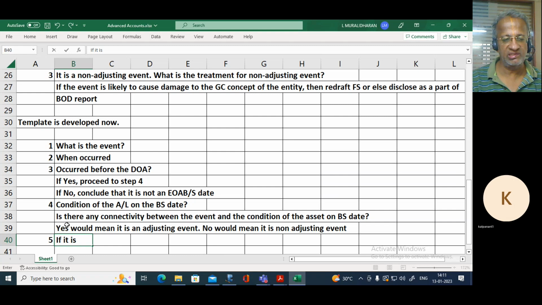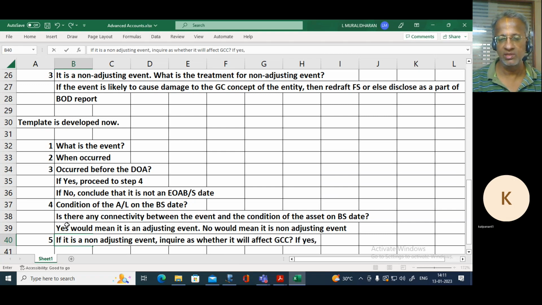If it is a non-adjusting event, inquire as to whether it will affect going concern.